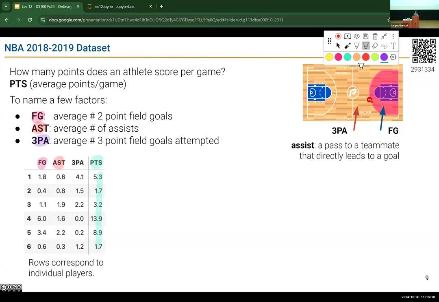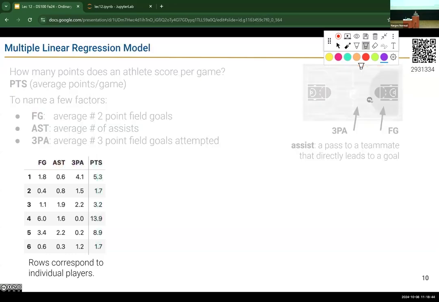So you can imagine that in a regular scenario we have a data frame with multiple different columns, and this is the shape of the data that we want to deal with. We want to use this information so that, having field goal, assist, and 3PA for another player, we can learn parameters to calculate a weighted combination of those features in order to predict the average number of points that they would score in a given game.